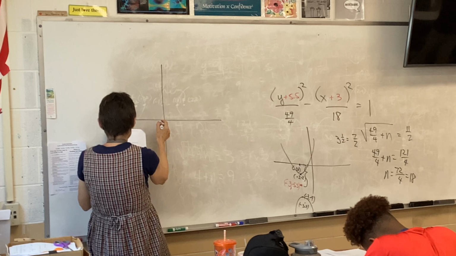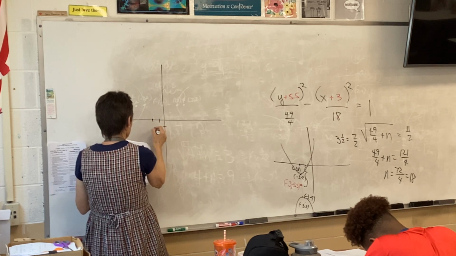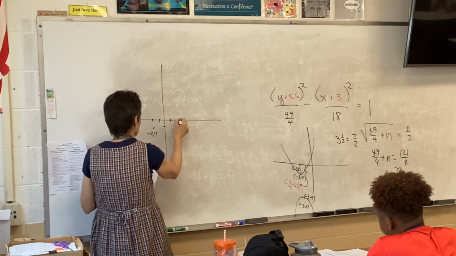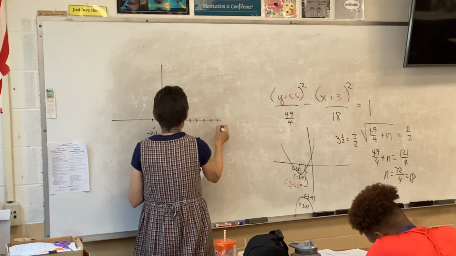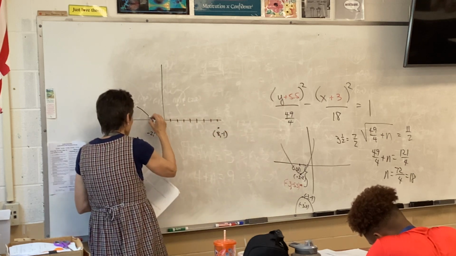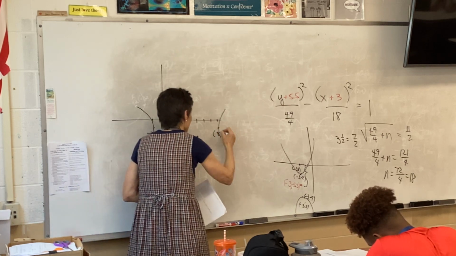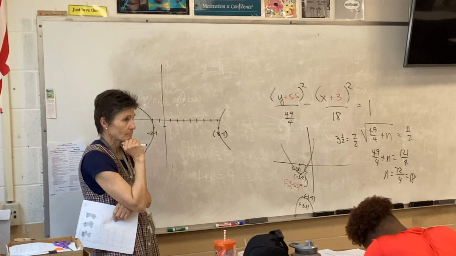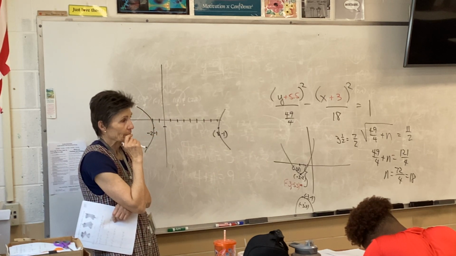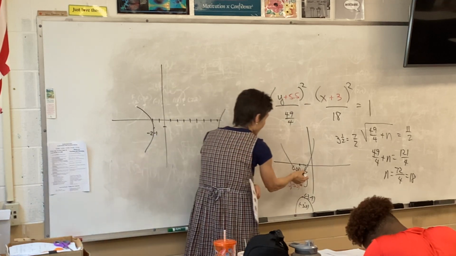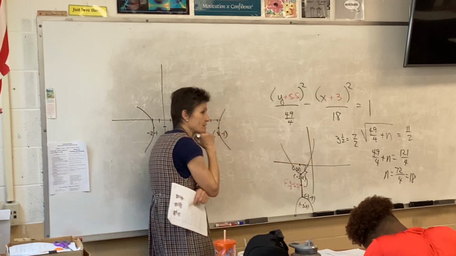Yeah, are -2, -1, and 8, -1. Now, if those are the transverse endpoints, then those are the vertices. Remember, the transverse axis joins the vertices.